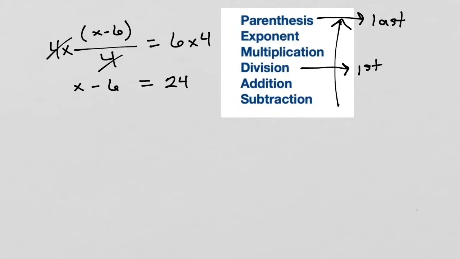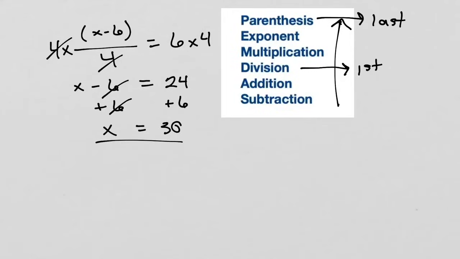We get rid of the minus 6 by adding 6 to both sides. The 6 will cancel out. 24 plus 6 is 30. Therefore, x equals 30.